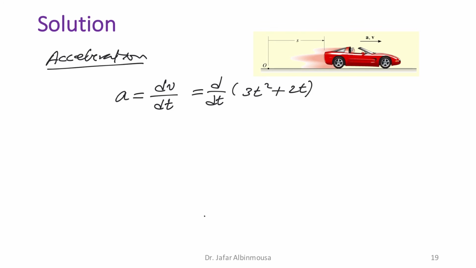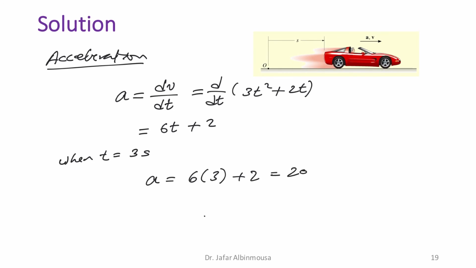Now, if we do the derivative, we will get the acceleration as 6t plus 2, which means that the acceleration is not constant. It's a function of time. Now, when t is equal to 3 seconds, we will get the acceleration equals 6 multiplied by 3 plus 2, which is equal to 20 feet per second squared. And that's the end of the question.